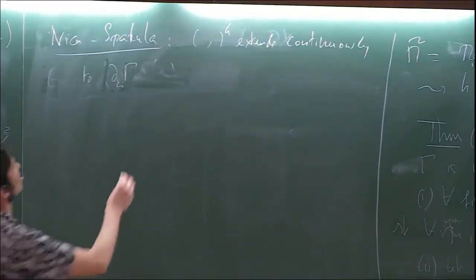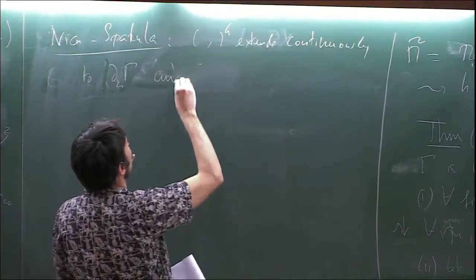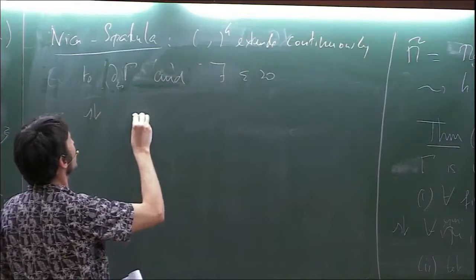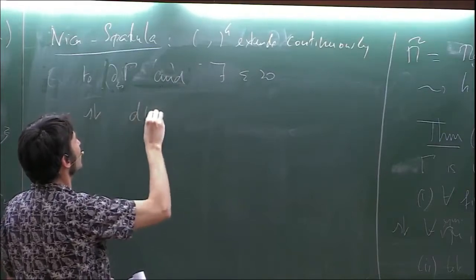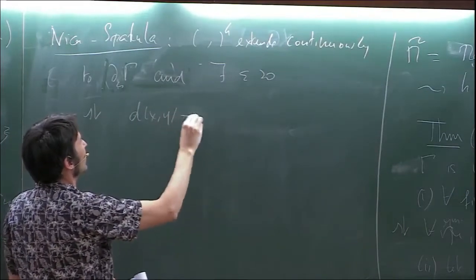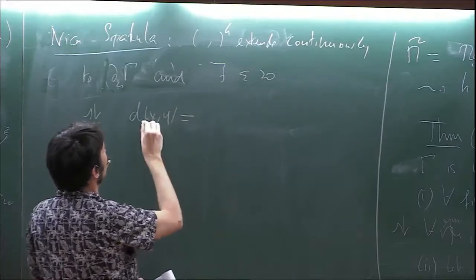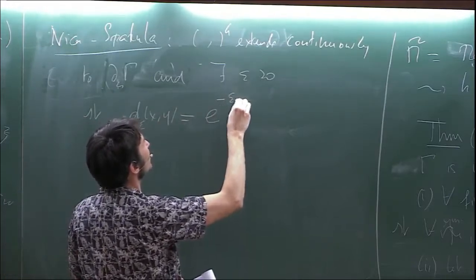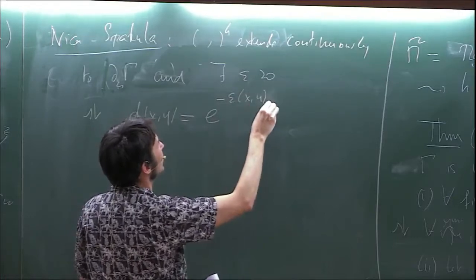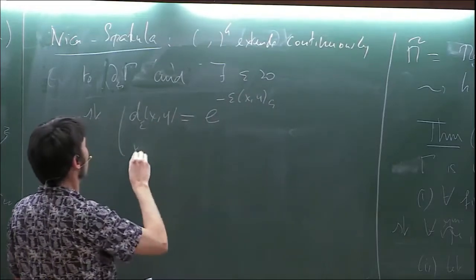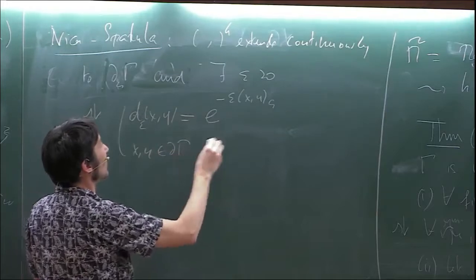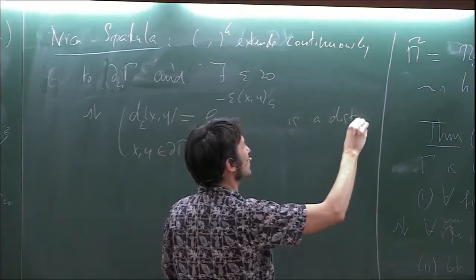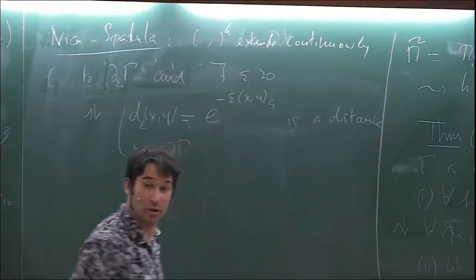Moreover, there exists an epsilon positive such that d sub epsilon equal to e to the minus epsilon times the Gromov product, for points on the boundary, is a distance, a genuine distance.